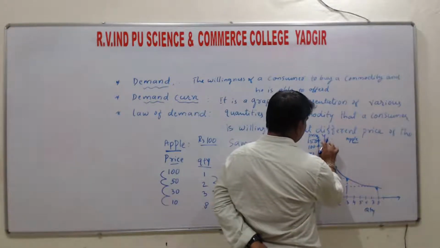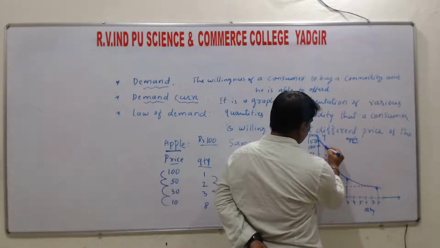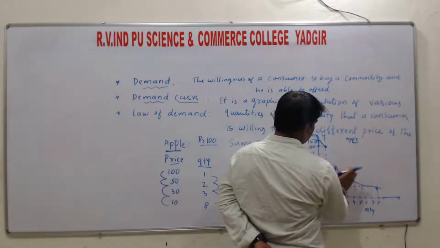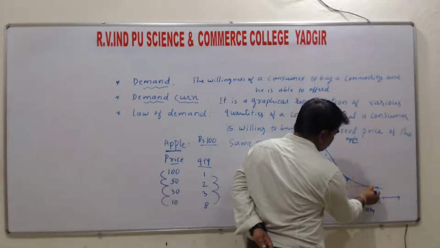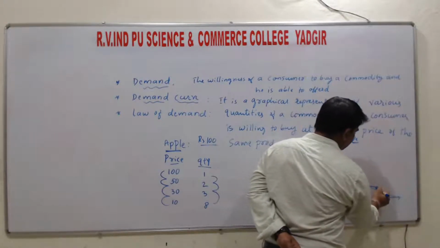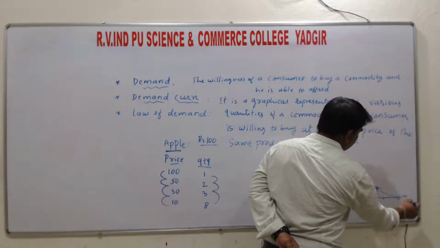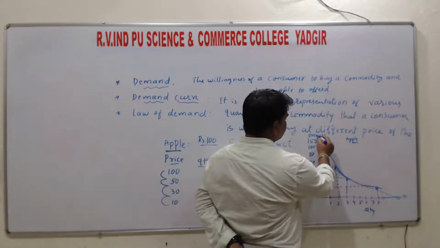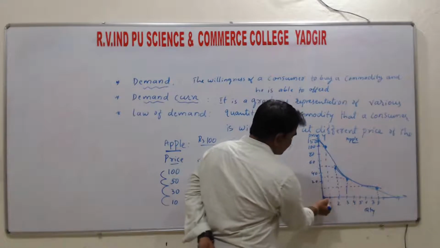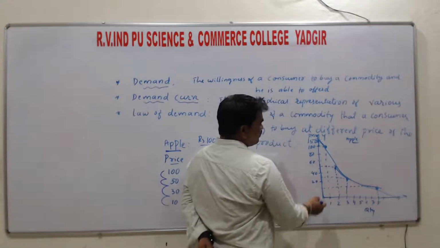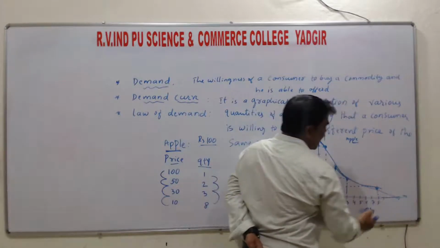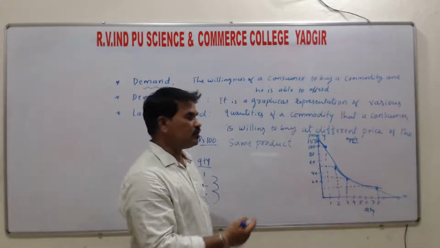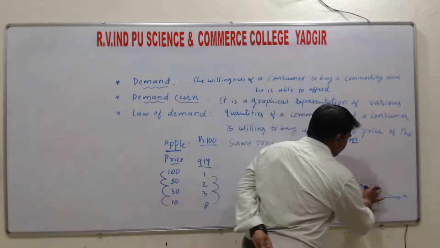Here it is 0. When there is a very high price, we can expect zero willingness. When there is a low price, we can see unlimited willingness to buy that product.